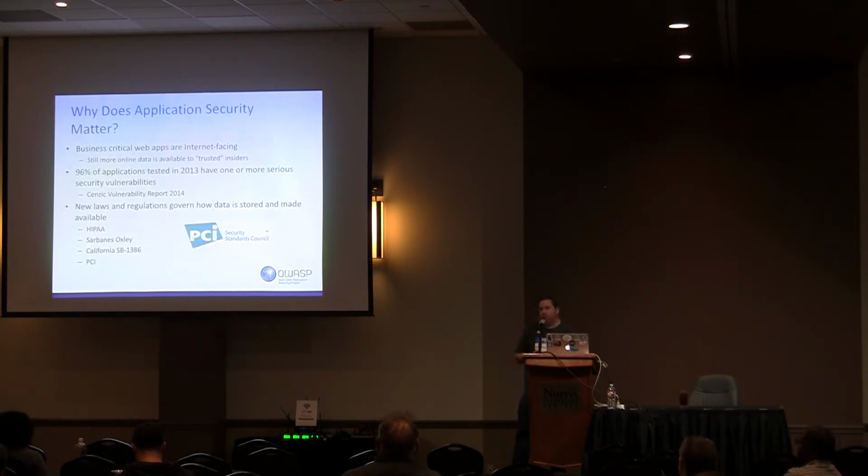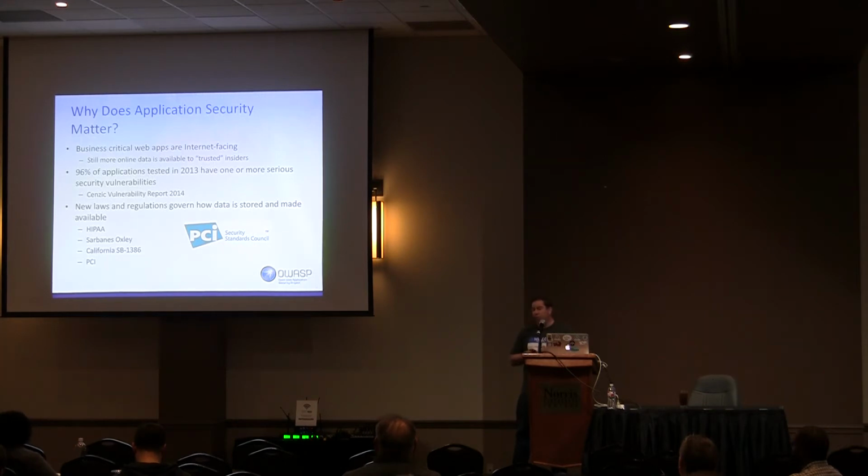Why does application security matter to us? Well, a lot of us are developing business-critical web applications that face the internet. And we all know that the internet is a very scary place. There's people out there that want to do bad things. And every day we're seeing news articles and magazines and Twitter and whatever that are telling us about these exploits, about companies that are being breached, applications that are being breached.